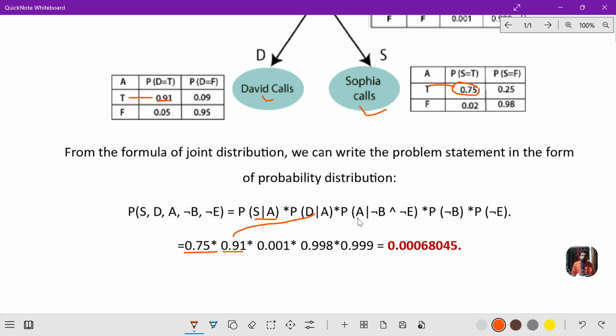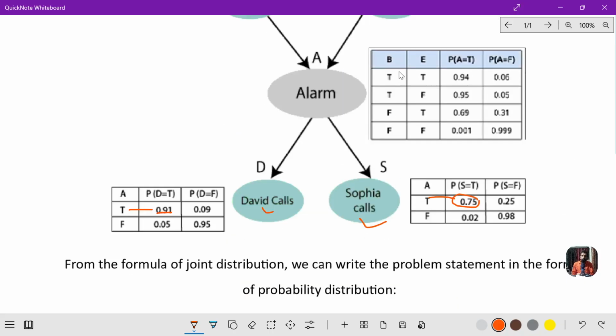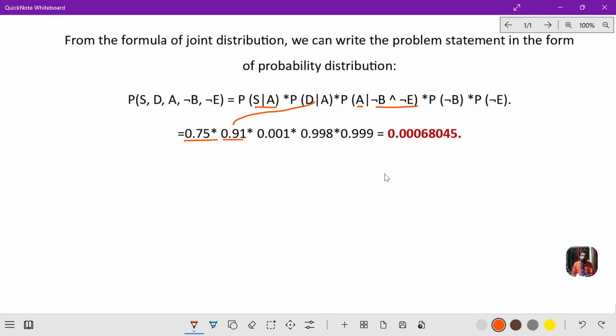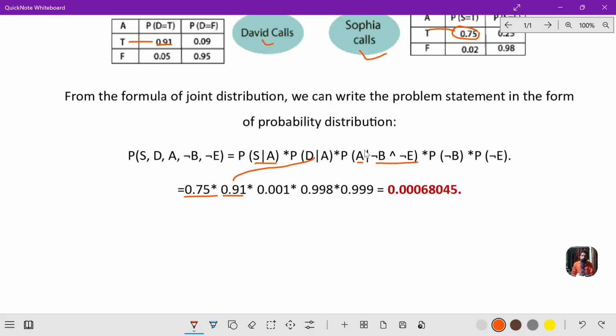P of A. Remember, when we find the variable S we go for Sophia, when we find D we go for David, but when the starting value is A, we should go to alarm. So we need the negative values of B and E: burglary and earthquake must be false, but the alarm should be true.